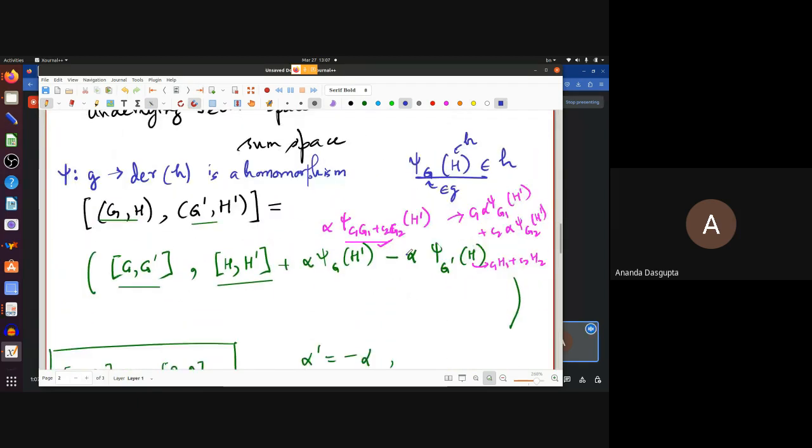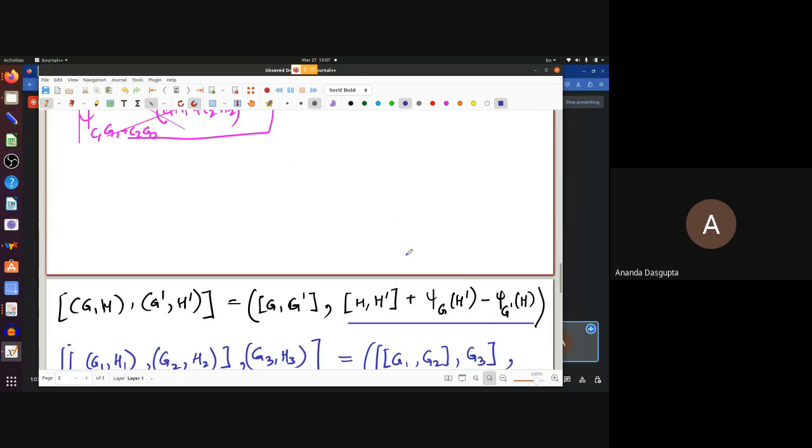This definition works fine, the definition at the top here. But with one important catch: this psi_g has to be a derivation. A derivation on H is simply a map which obeys that product property.